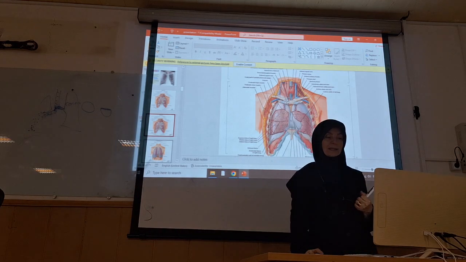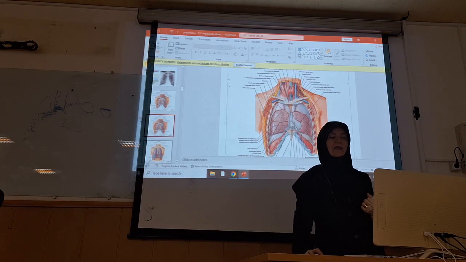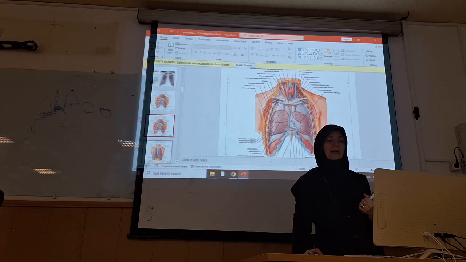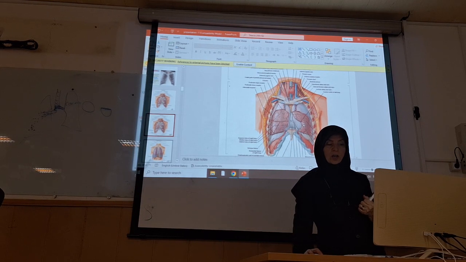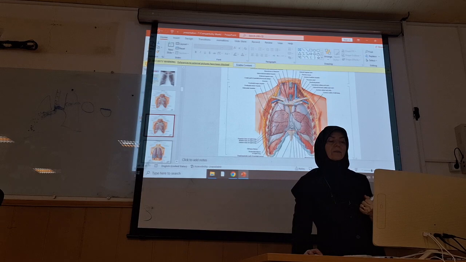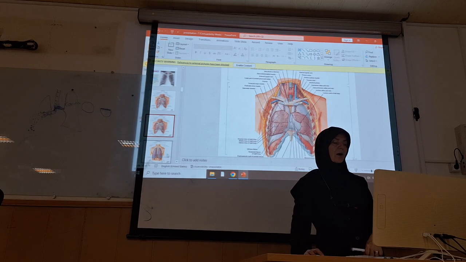This space we call the bare area of the pericardium or of the heart. It is visible exactly immediately posterior to the sternum. This cardiac notch helps you to make this bare area larger.